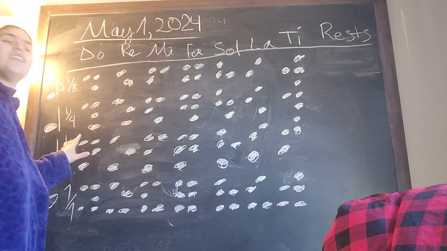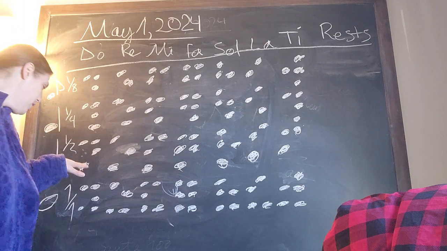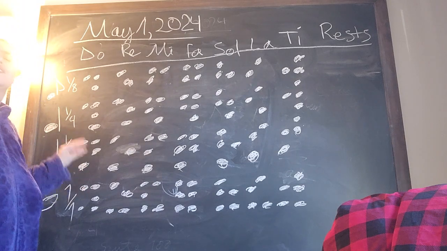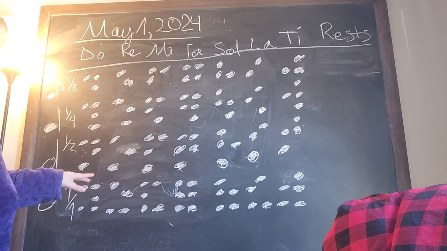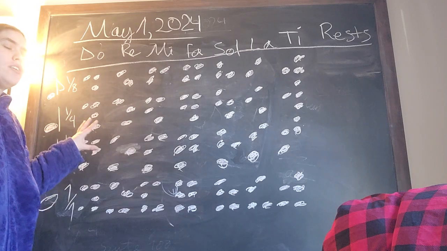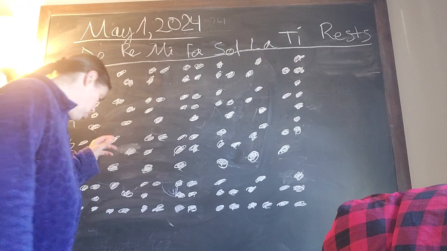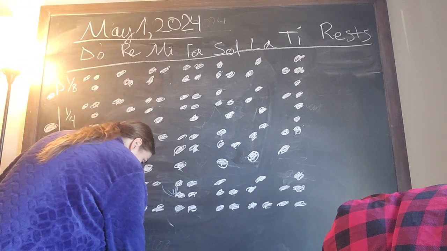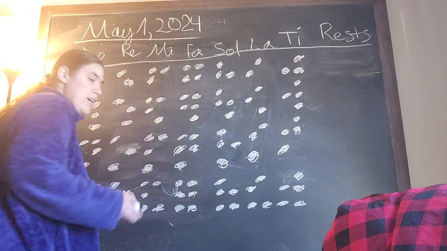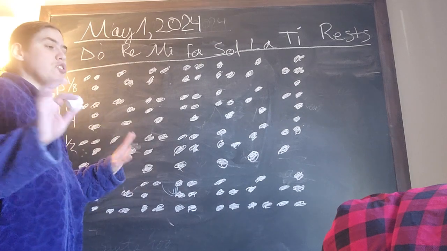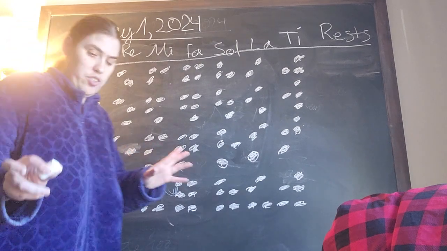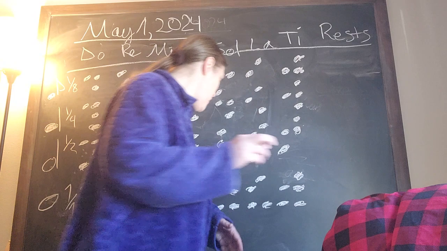And your whole note uses the top part of the cell plus dots 3 and 6. There is a common, logical pattern to that. The rests, there's no rhyme or reason. It's just what it is.